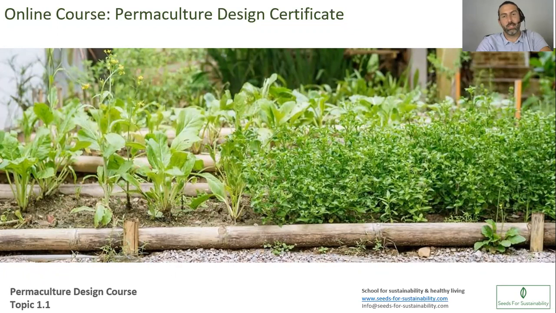This is the first topic. You see we have around about 20 topics and we will go through each one of them through the whole course. Each lecture basically has a specific topic. We go through a couple of introductory classes, then we go through certain topics like soil and water. Then we have an extra session on design processes.